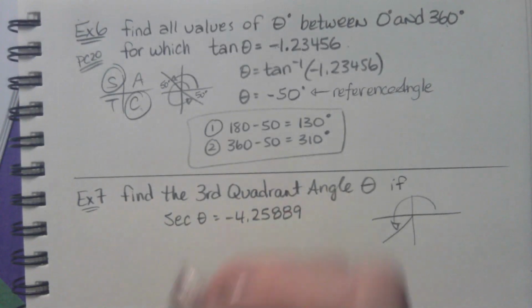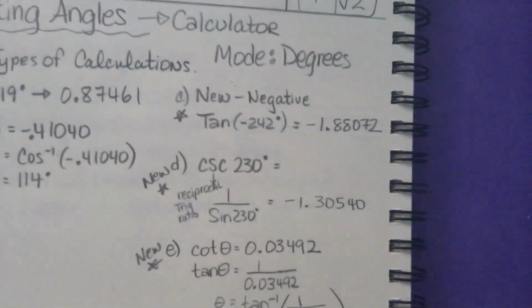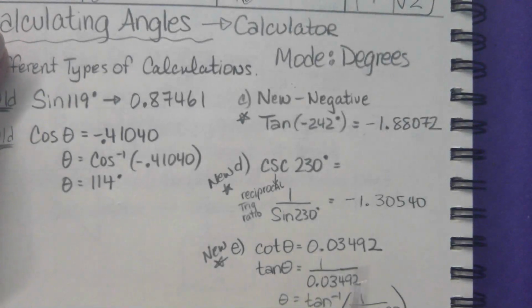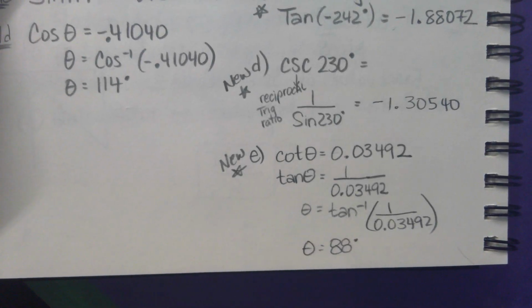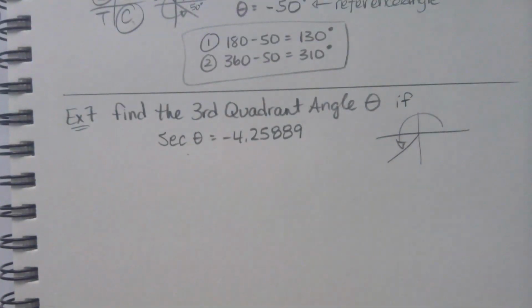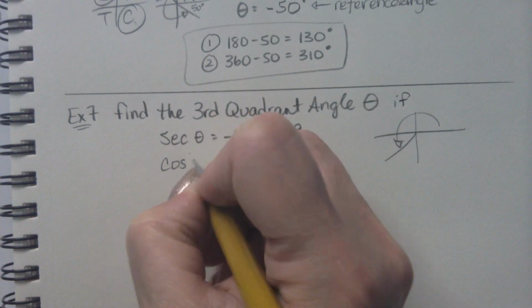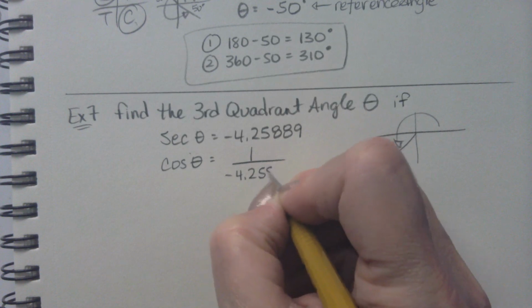All right? So, how do I tackle a secant theta when I have that? This is like which one? Is it a D or an E? E, right? So according to this, I change it to the primary one, flip my answer, and then do the tan to the negative 1 or whatever it is. I'm going to change secant to cos, which then becomes 1 over a negative 4.25889.